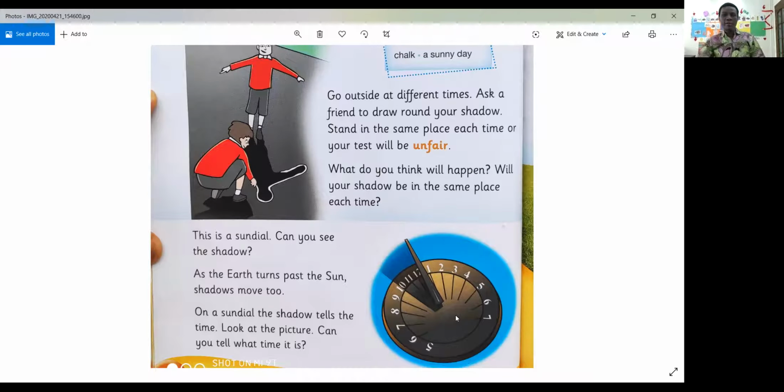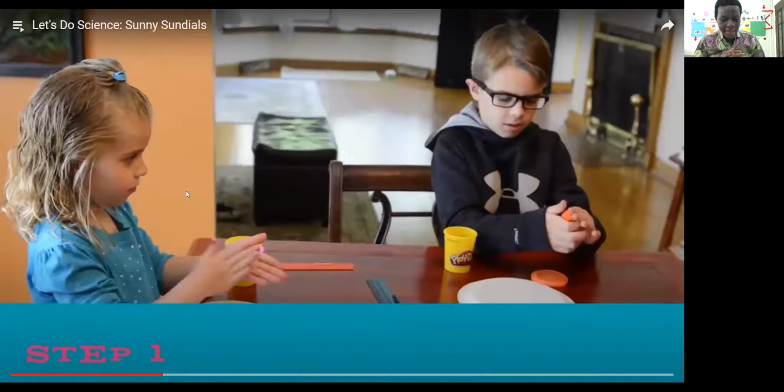So let's watch this video and see how time is read on a sundial. Okay, boys, now watch this video. It will explain how you can make your own sundial. Look at these two kids here. They are trying to make a sundial.